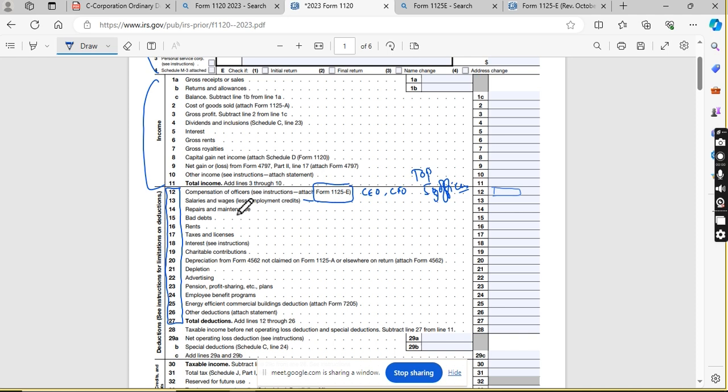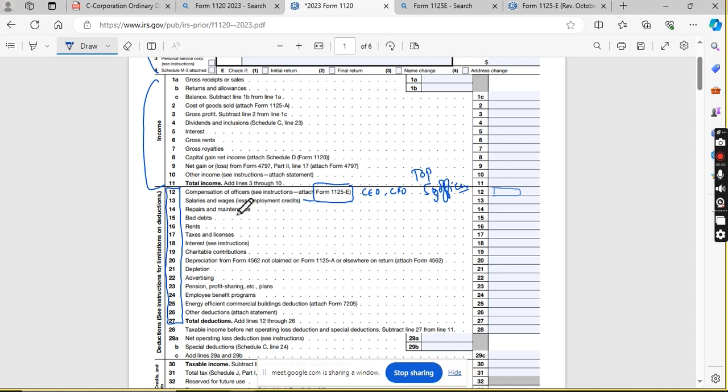Likewise, for repairs and maintenance, if repairs are done, maybe something can be capitalized. So what kind of repair can be capitalized? Let's say you are improving the asset, so it is improving the life of the asset, or maybe additions are made, or repairs are making an additional benefit to the asset.